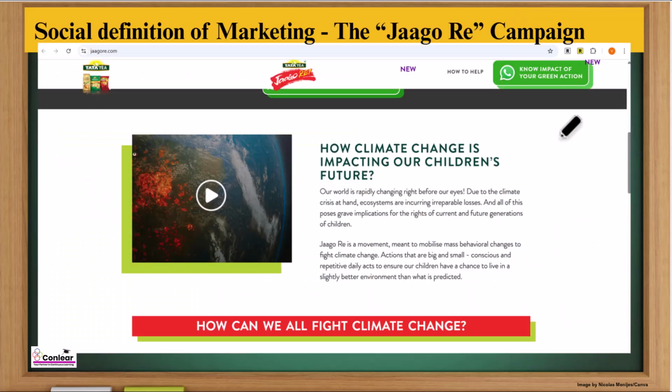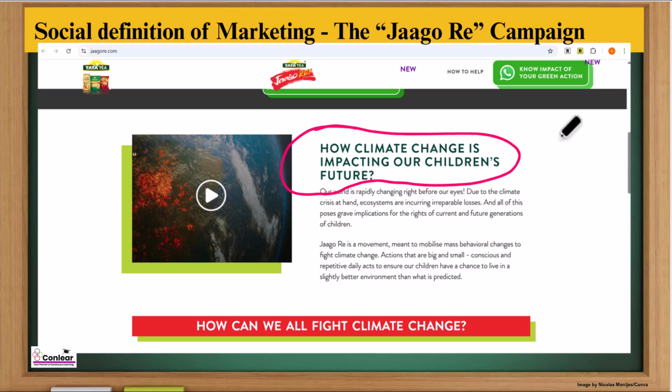In the picture, we take the example of Jagore campaign on climate change. How climate change is impacting our children's future. Look at the way in which the campaign is creating awareness about climate change and its implications for future generations to come. If you read here, our world is rapidly changing right before our eyes.